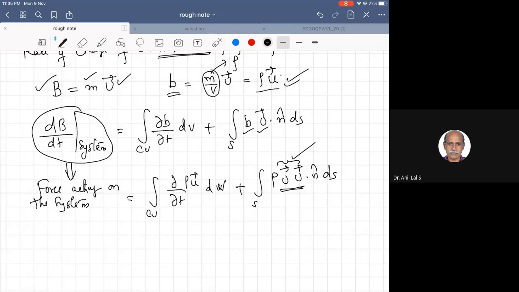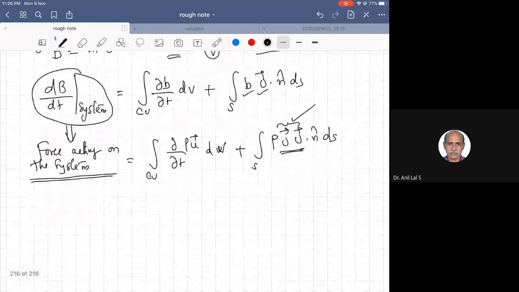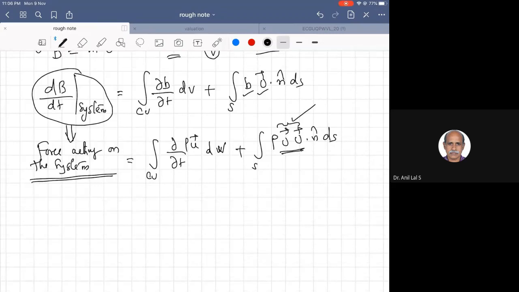Now the force acting on the fluid system. In the Euler equation, the force on the left hand side is considered as the force due to static pressure. Suppose we have a fluid system with a well-defined boundary.